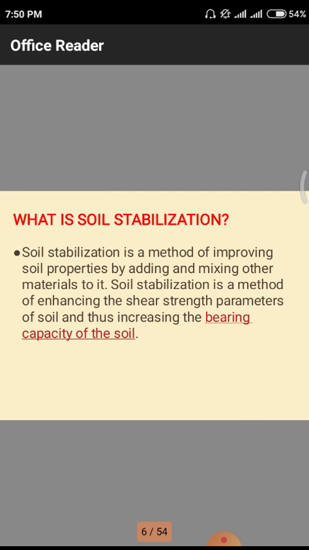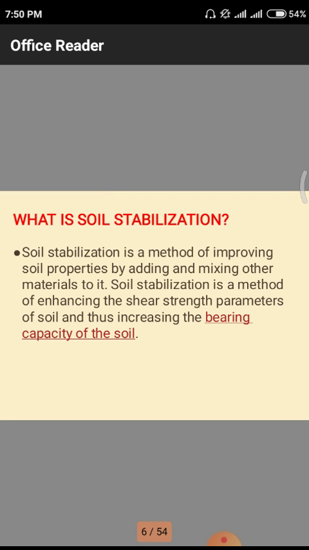So we have to use these kinds of materials that come from industries. Definitely we will obtain a good amount of strength as well as recycling benefits. So stabilization is very important nowadays to enhance the shear strength parameters of the soil and increase the bearing capacity of the soil.